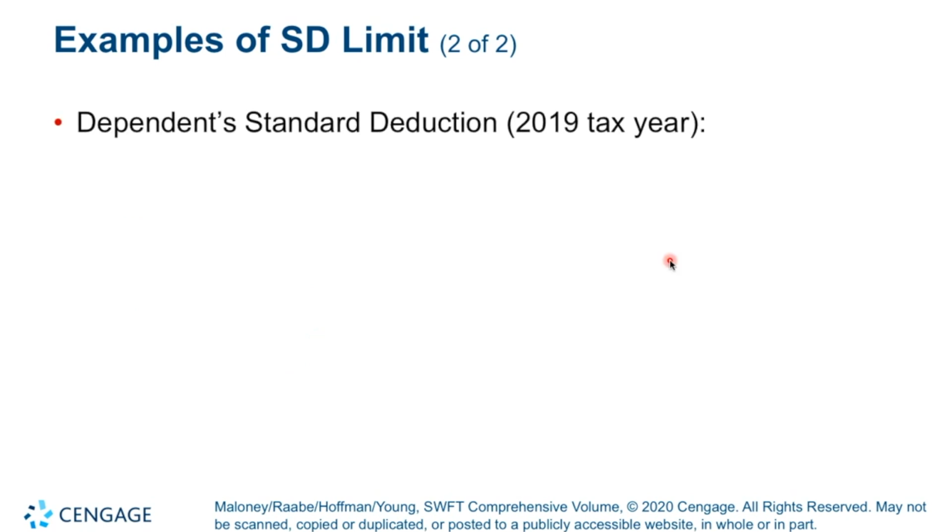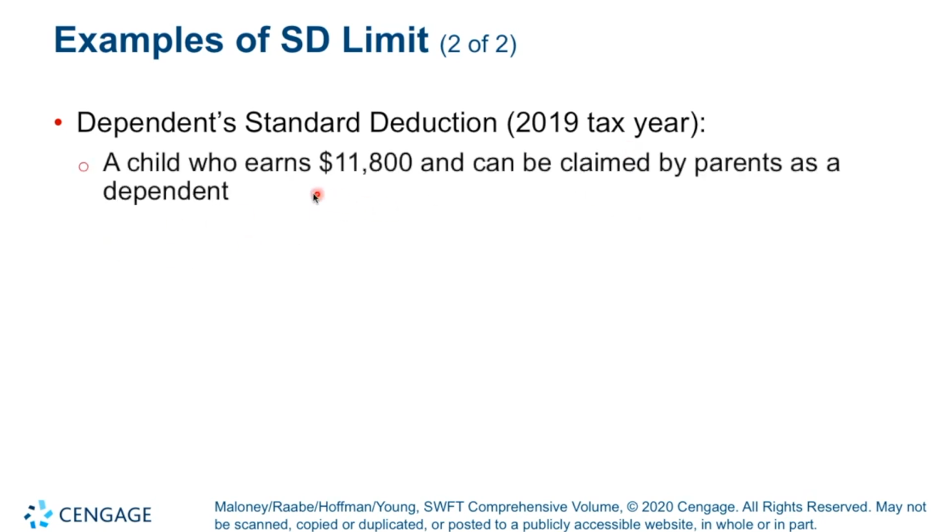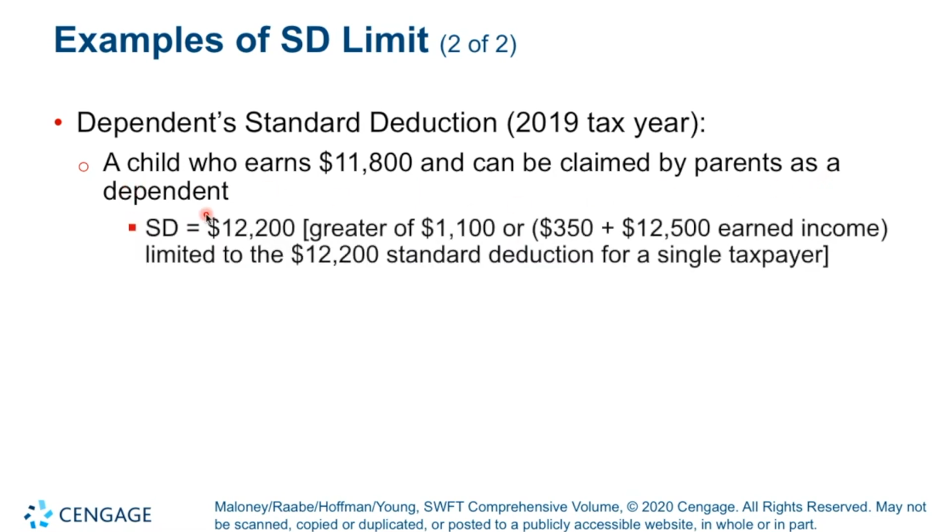A dependent's standard deduction in the 2019 tax year, a child who earns $11,800 and can be claimed by parents as a dependent. Now, the standard deduction comes to $12,200. So we've got to do our test again, right? Greater of 1,100 or 350 plus 11,800. This is wrong. I guess they meant for this to be 12,500.